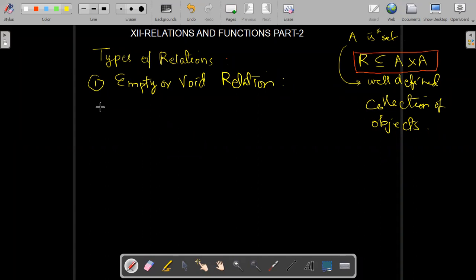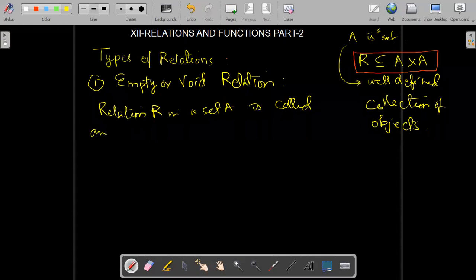So a relation R on a set A is called an empty relation.